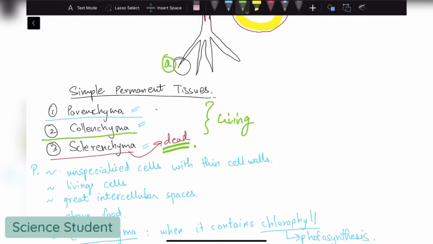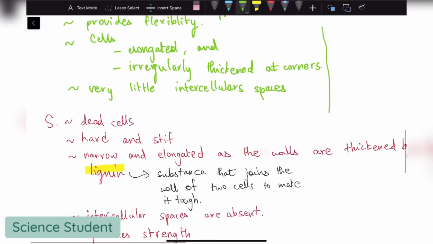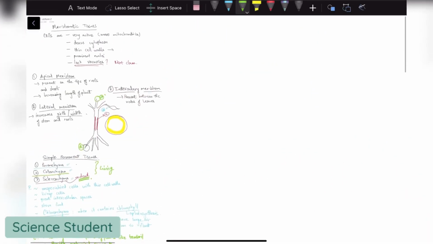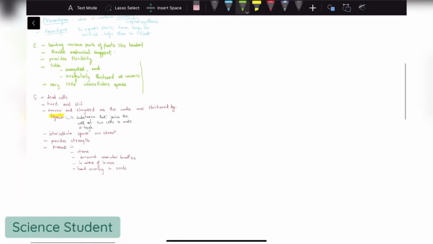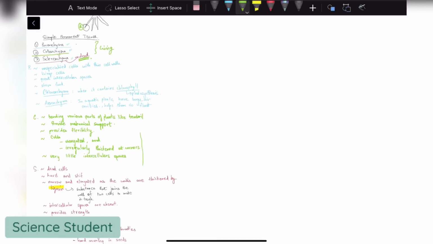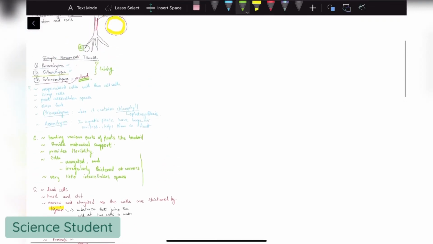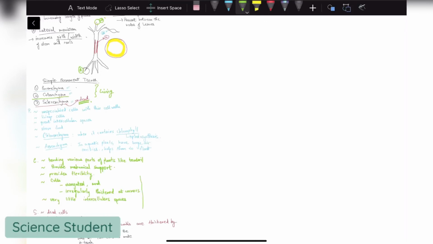So we call it sclerenchyma. Okay. So we studied meristematic tissues, types of meristematic tissue, simple permanent tissues like parenchyma, collenchyma and sclerenchyma. In the next video, we are going to learn about epidermis and the complex permanent tissue, that is xylem and phloem. Thank you.